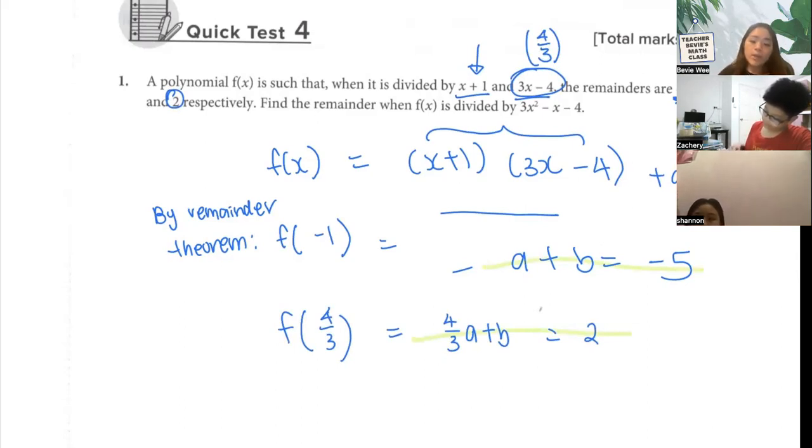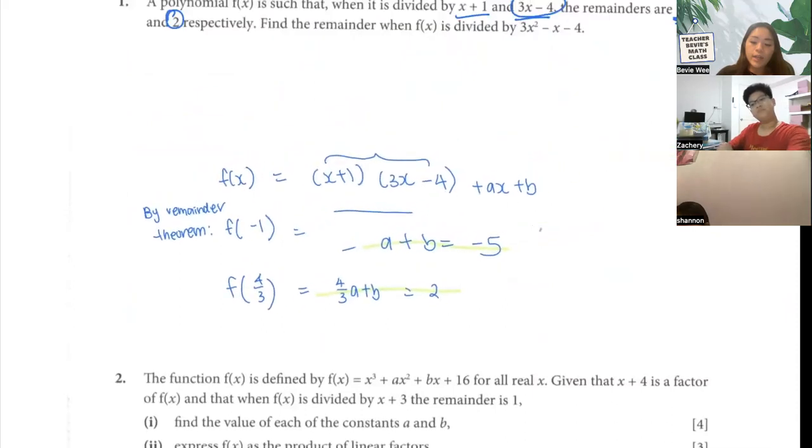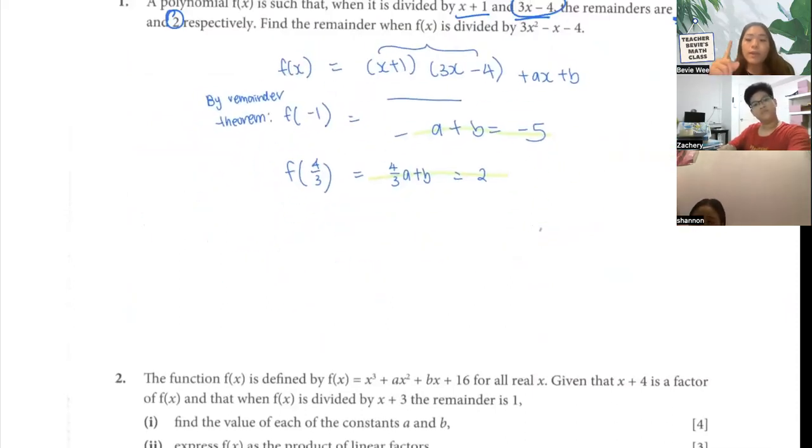Okay, from here I can do my simultaneous equation. Right or not? Can you all help me continue from here? Find the value of a and of b. Simultaneous, these two equations. So you can let b stand alone. These are just linear, not quadratic.